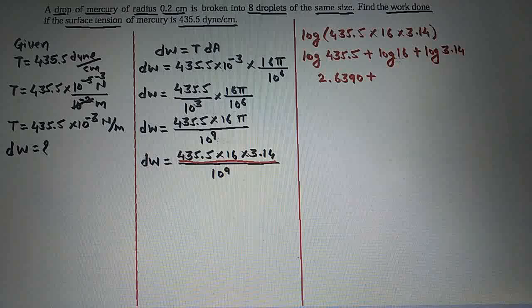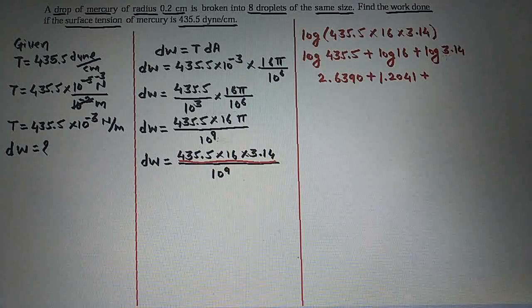Now we will find out the log of 16 here. So here in the integer part there are 2 digits, so the characteristic will be 2 minus 1, it is 1, and the mantissa of this 16 should be 2041 plus. We will find out the log of this 3.14 now.